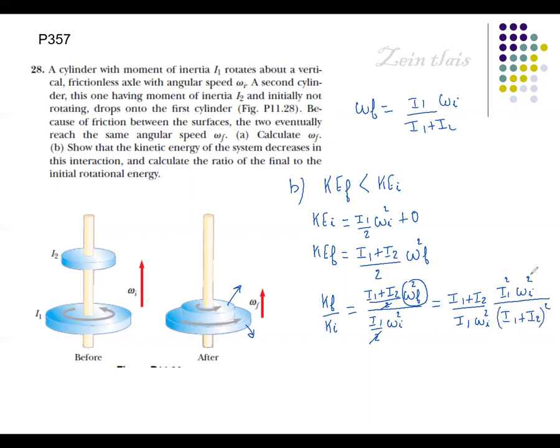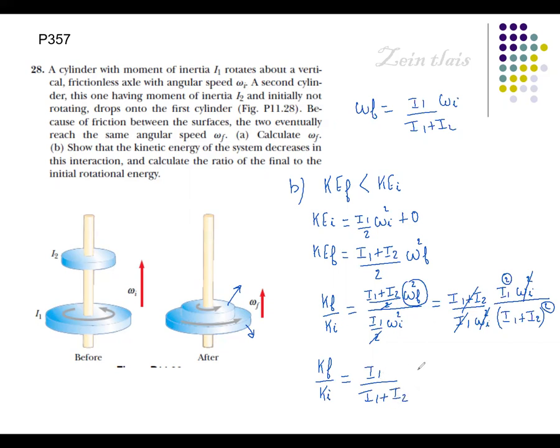Okay, we can eliminate these terms. We get finally kinetic final divided by kinetic initial, which is equal to I1 divided by I1 plus I2.